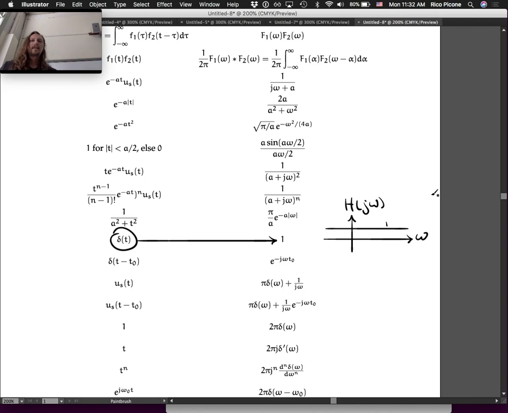Now, this says that this Dirac delta function, this impulse, has the same frequency component at all frequencies. It has some component at all frequencies, right? Of course, you can't instantiate that in an actual impulse. It would have to be infinitely short in duration, which is impossible to do, but you can approximate it, right?